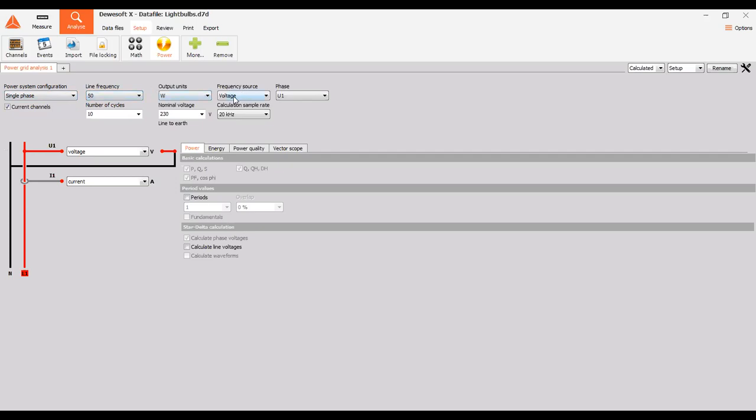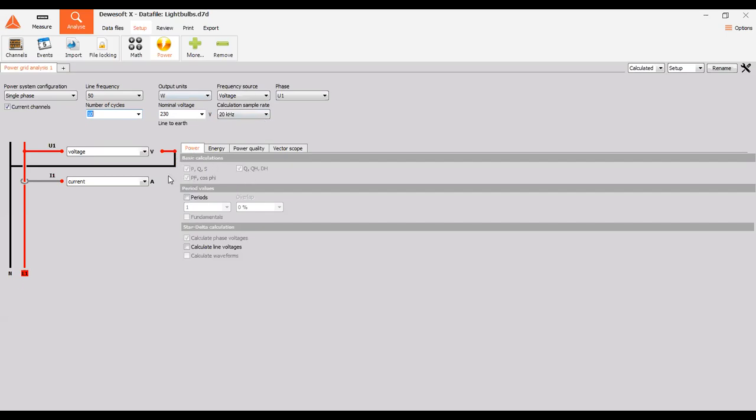Output units can be changed: voltage source, frequency source, voltage, current, external arbitrary channel, number of cycles, also 10 or 12, for example, if you have 50 or 60 hertz line frequency, nominal voltage, and of course the calculation sample rate divider.